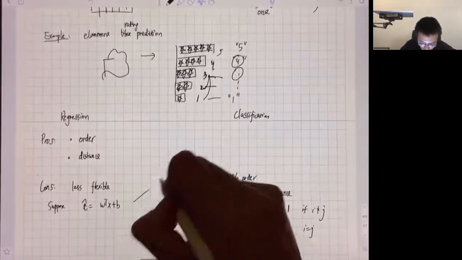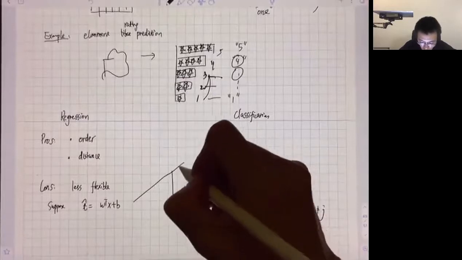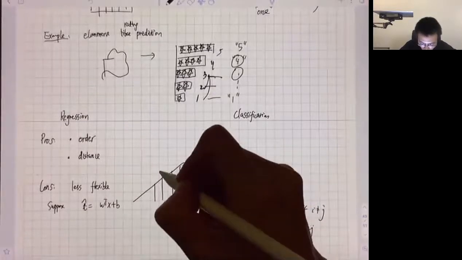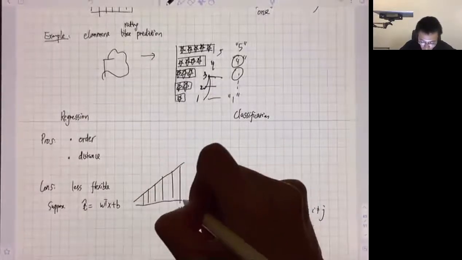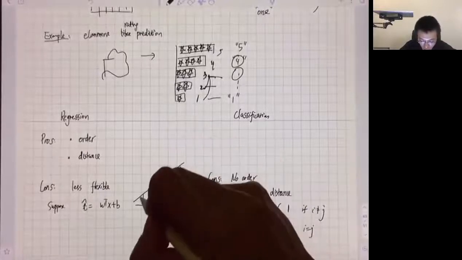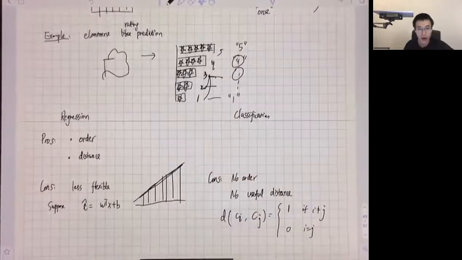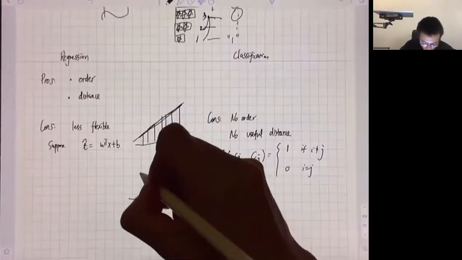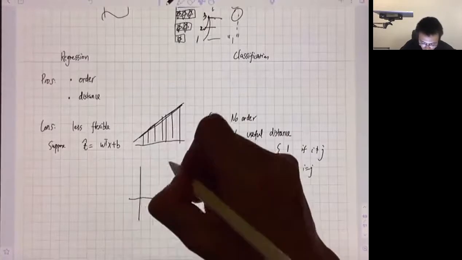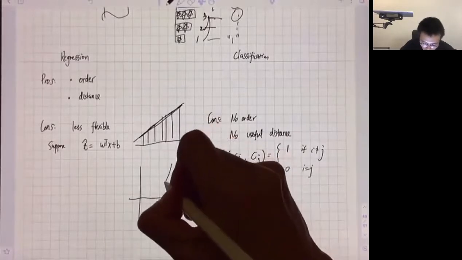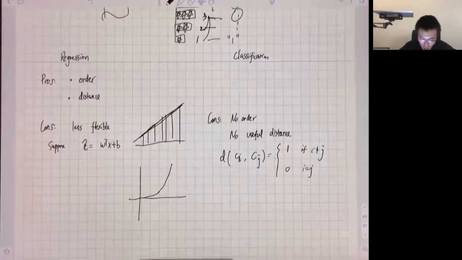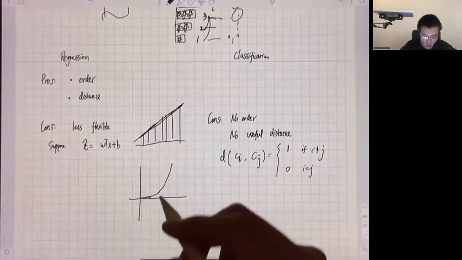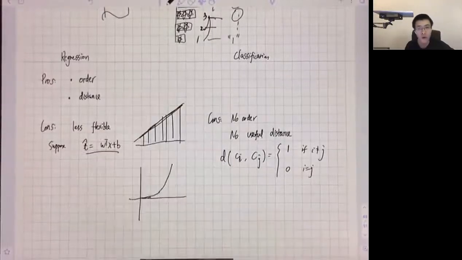It must fit this line, and then you can round it to 5, 4, 3. But this must be a linear line. Maybe our human ratings are different. Maybe we are very sensitive to the high ratings, but insensitive to the low ratings. We cannot do that with a linear model, or given a particular model, we cannot easily adjust such information.